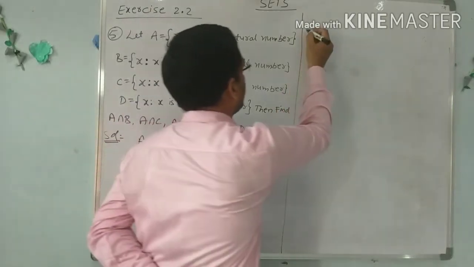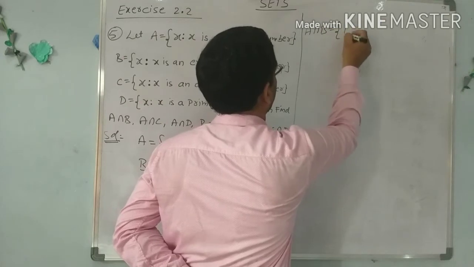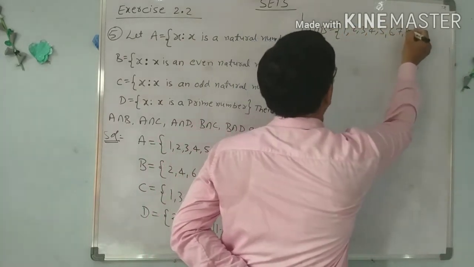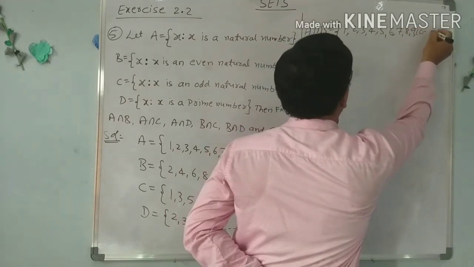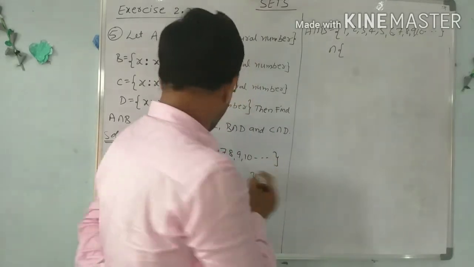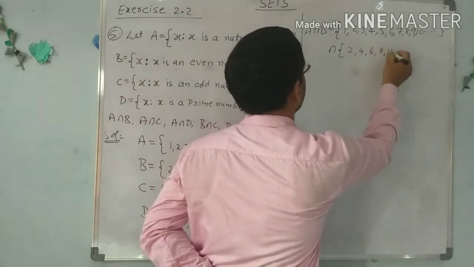Now see what A intersection B is. Write the elements of A: 1, 2, 3, 4, 5, 6, 7, 8, 9, 10. Intersection, the elements of B: all the even numbers 2, 4, 6, 8, 10.